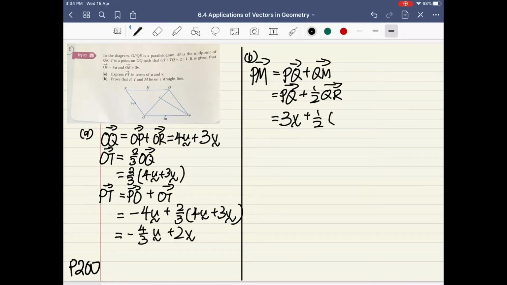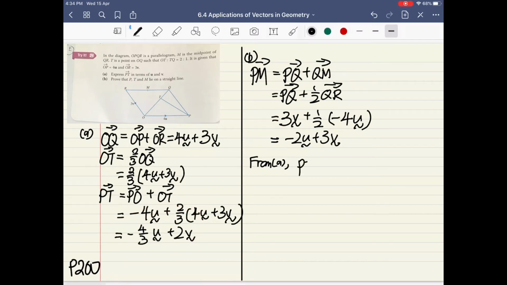So what we have is PQ is equal to 3V plus half. So if OP is 4U, then QR will be negative 4U. So here will be negative 4U. So what we'll get here is negative 2U plus 3V.